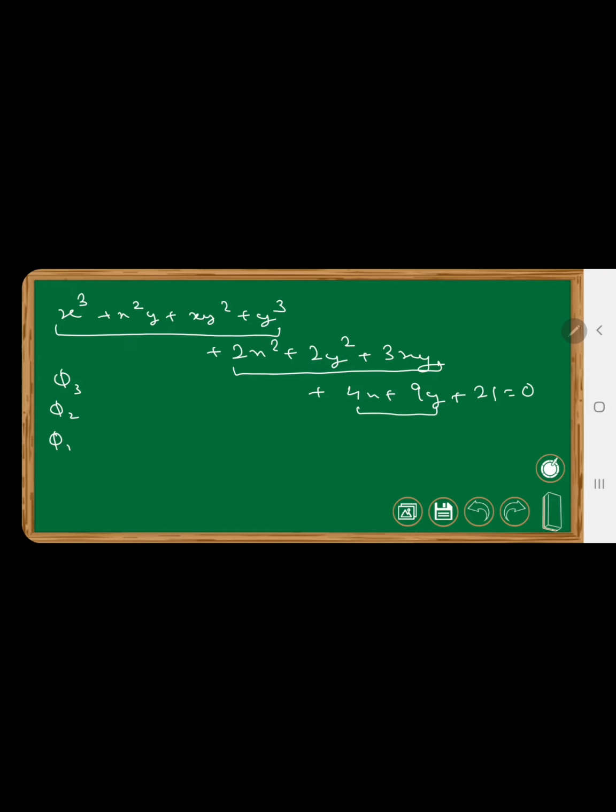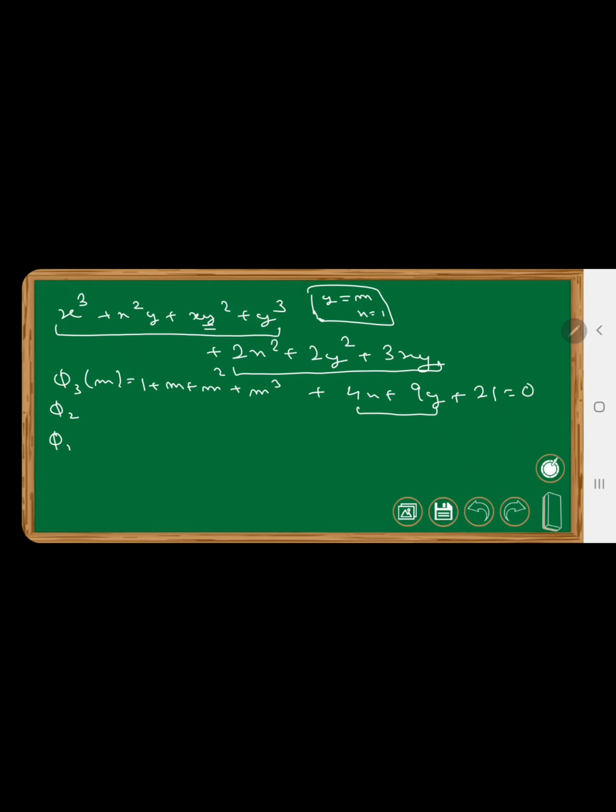And do one more thing: put y equals m and x equals 1, so that the independent variable becomes m only. So this becomes 1 plus m square plus m cube. Clear?